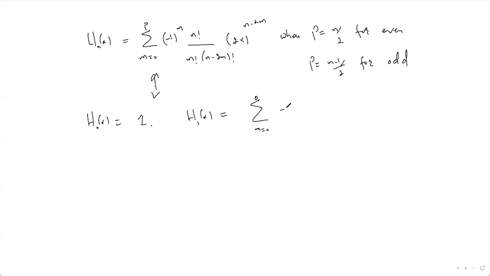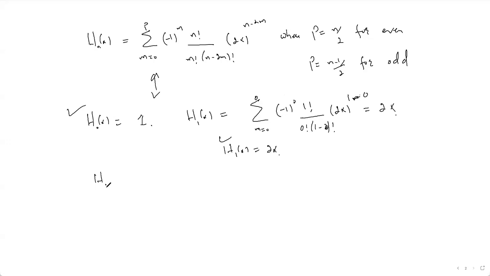Okay, now minus 1 raised to power m, m is 0 to 0, we have to take up only one term, so this is minus 1 raised to power 0. n factorial, that is 1 factorial, divided by m factorial, 0 factorial, into n minus 2m, 1 minus 2 into 0, that is 1 factorial. Then we have 2x raised to power n minus 2m, 1 minus 2 into 0, so this will become 1. All these things are 1, so it will simply be equal to 2x, right? So h1 of x will be equal to 2x. So these are Hermite polynomials, h0 of x, h1 of x.